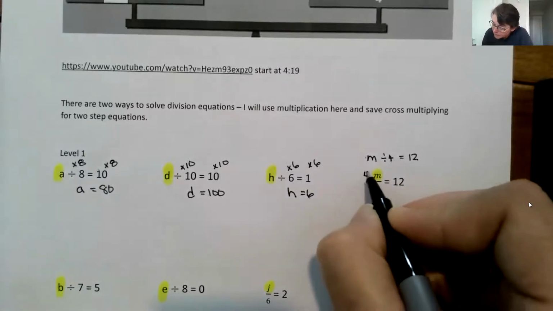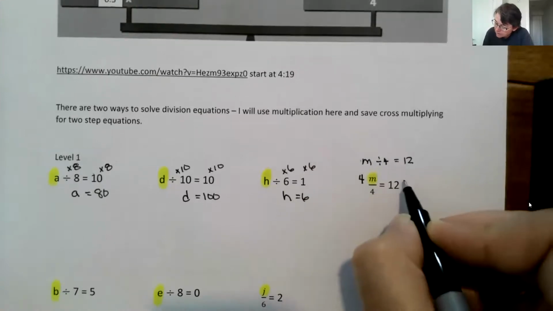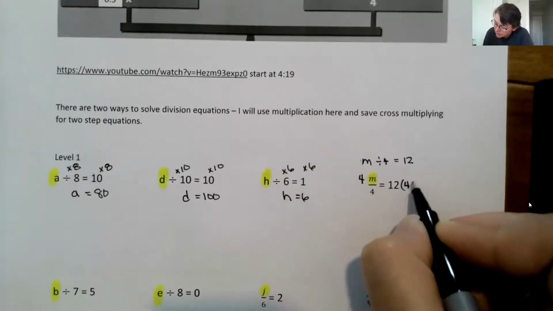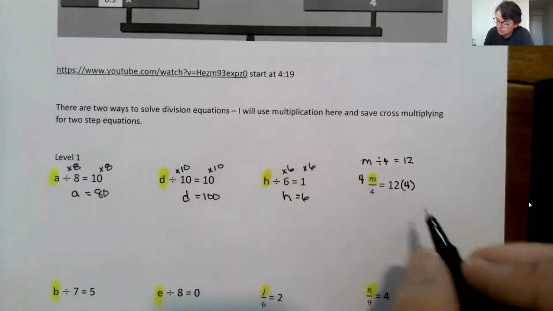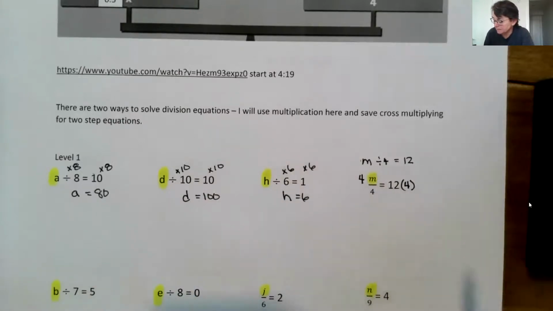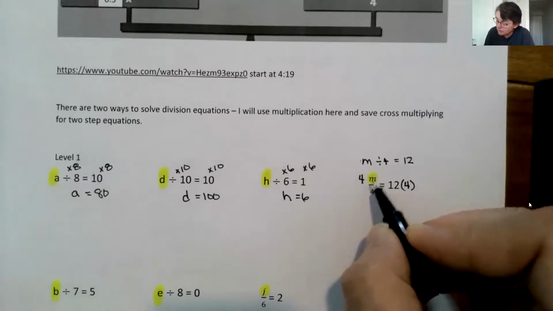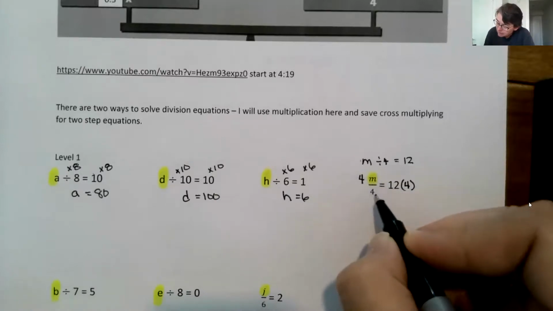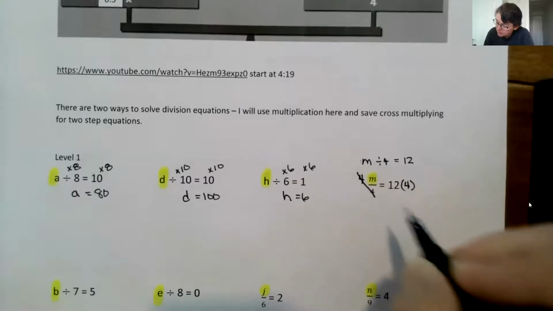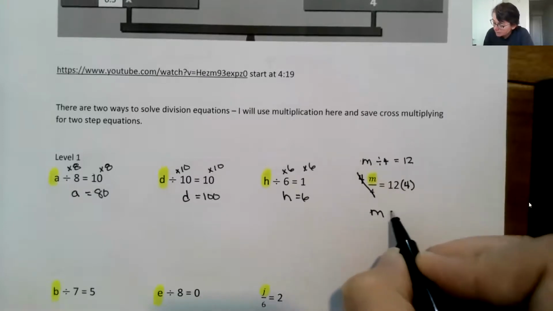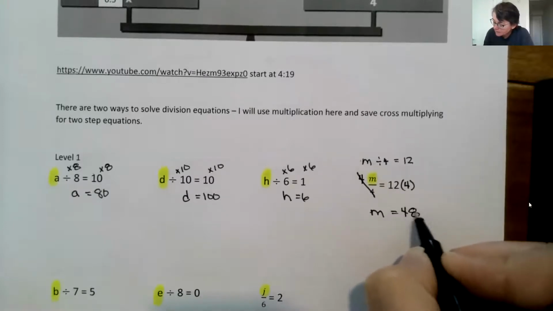So if I multiply by 4 here, and it doesn't really matter if I put times 4 like we're doing here, but just habit says do that. And you can see this kind of almost looks like one of those multiplication questions, because 4 here and that 4 there, that divides out to make 1, and you get m is equal to 48.